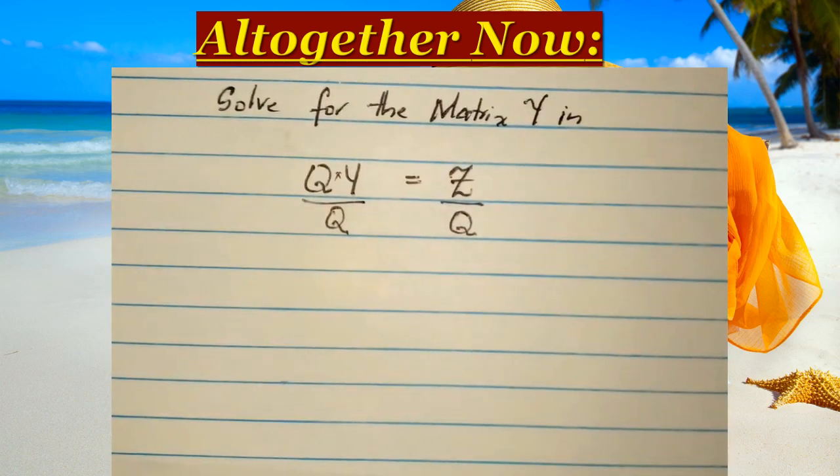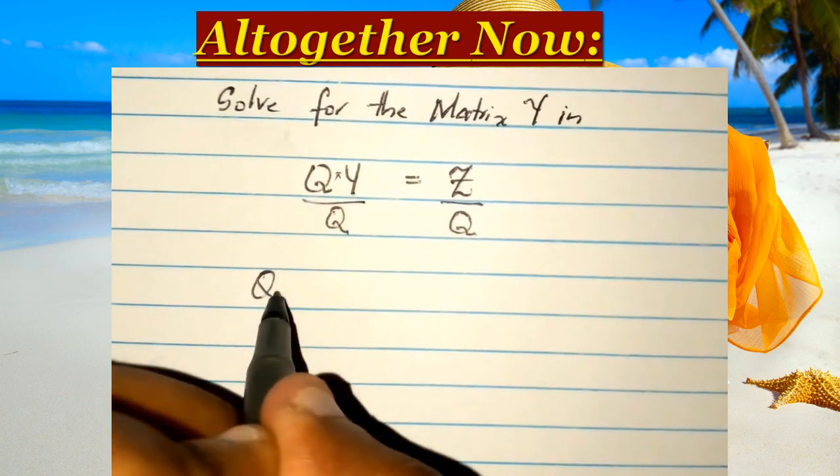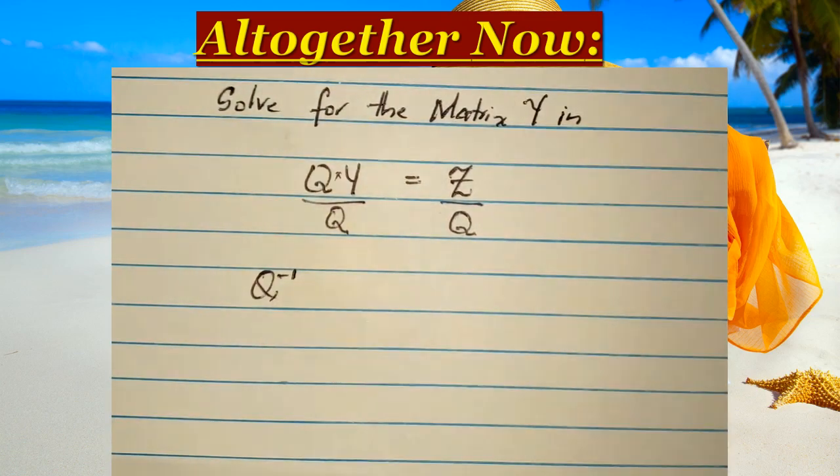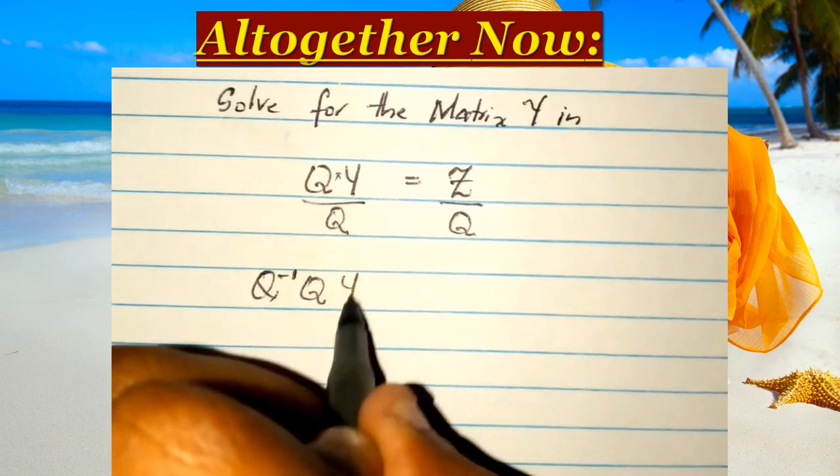But stop, wait a minute. We cannot divide matrices like that, so we have to use one of those hacks. I can rewrite this divided by Q as Q inverse, and then multiply that by our numerator, which is QY.